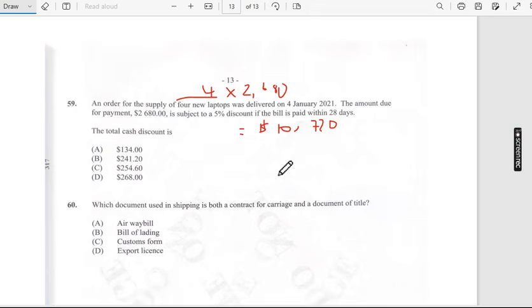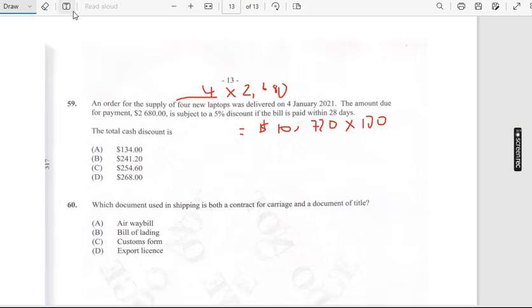Let's see if we could times it by what? No, divide by 5. No. Times it by 100 perhaps. Let me see on this one.